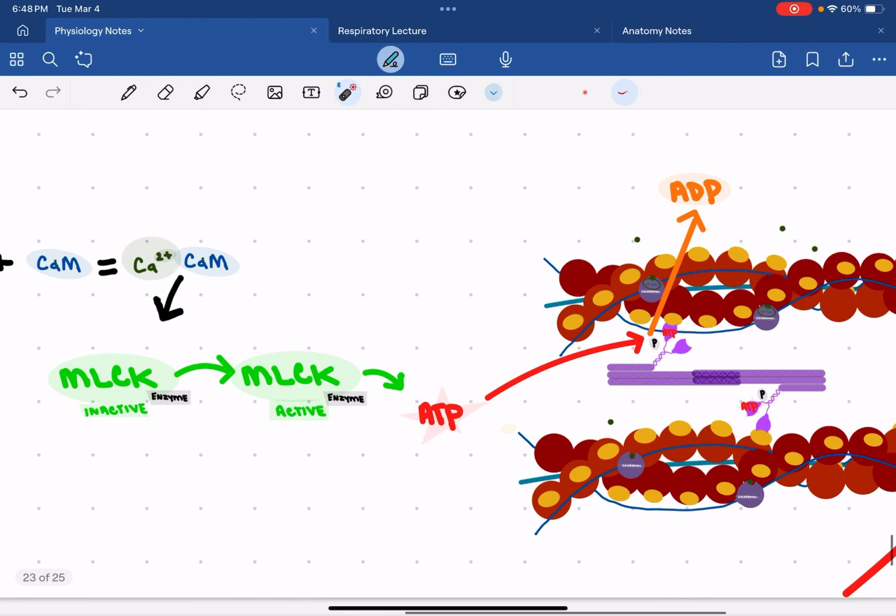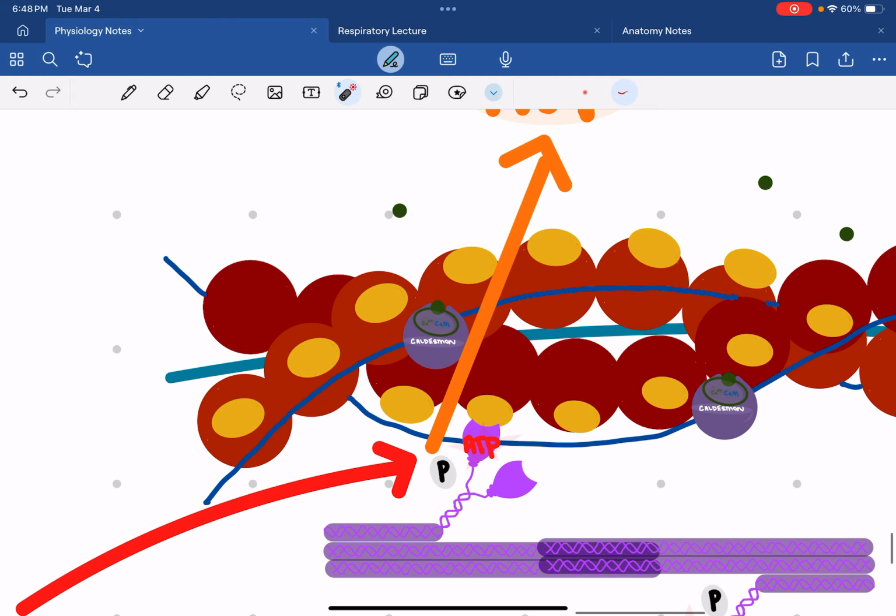It's a little different with this, because not only is this stimulating the MLCK from inactive to active, this will go over here and together will fit in this key. In skeletal muscle, it's called troponin. In smooth muscle, that's not the name. It's actually called caldesmon.